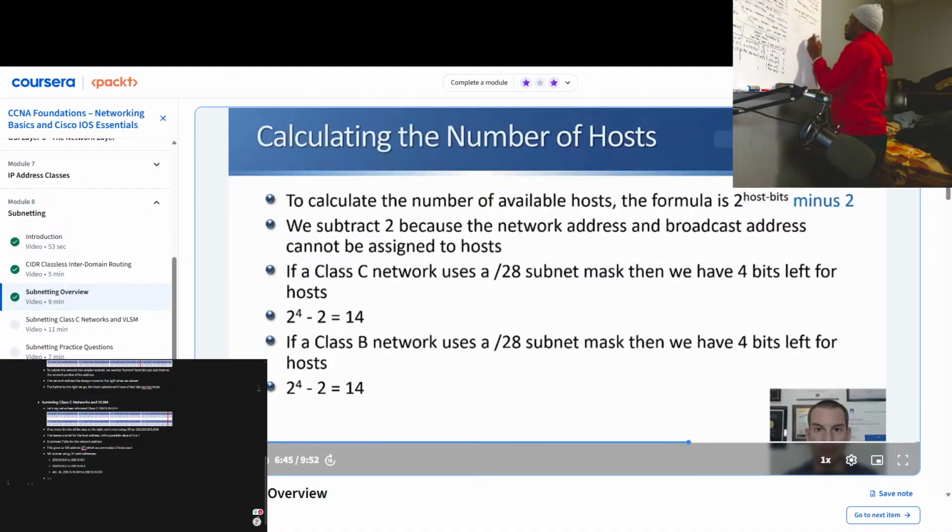So we're just going to use class C again. If a class C network uses a /28 subnet mask, then 28 minus 24 is 4 bits borrowed.